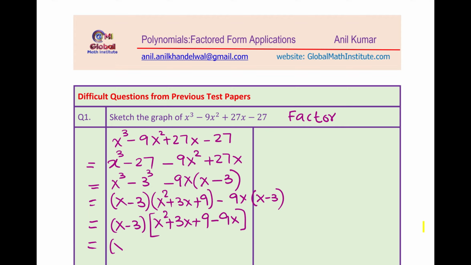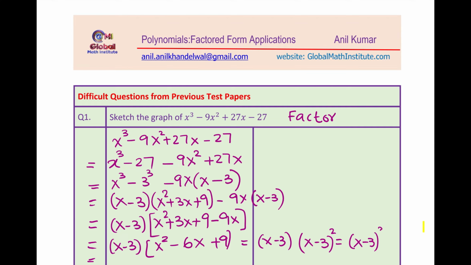This can be written as x minus 3 times x squared minus 6x plus 9. 9 is 3 squared, so that is a perfect square, correct? This can be written as x minus 3 whole square. So you basically get x minus 3 whole cube.